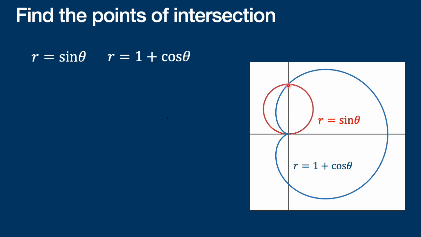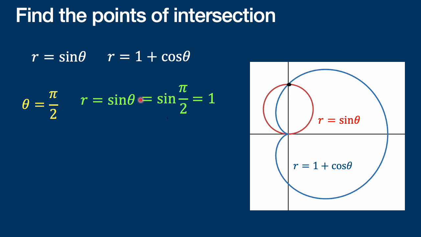The first one: what is the angle here, guys? Theta is 0 here, and this is going to be pi over 2. So let's check it out. Theta is pi over 2. r is sine theta, and sine pi over 2 is 1. So r is 1.